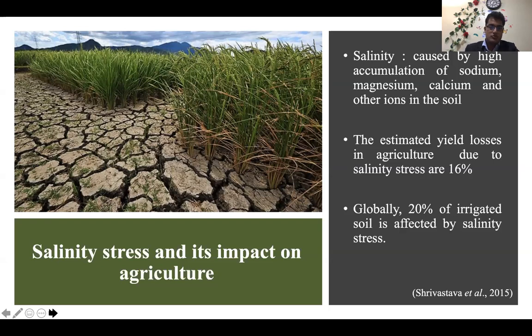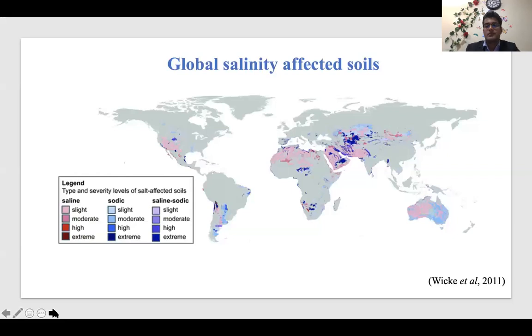In this picture also, you can see how salinity stress has caused soil problems in rice. If you go into the global picture, a lot of soil at the global level has been affected by salinity stress.